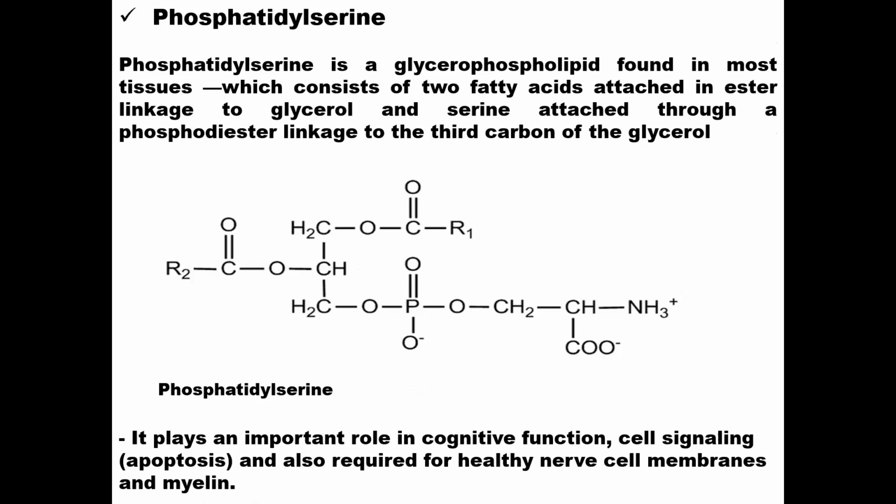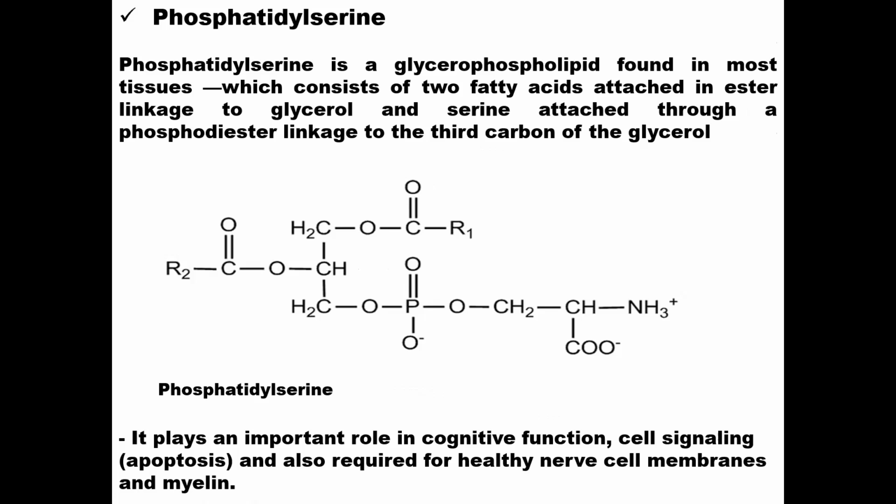When the phagocyte sees that signal of phosphatidylserine protruding from the cell membrane, it means this cell should undergo apoptosis, and the phagocyte will carry it and phagocytosis takes place.